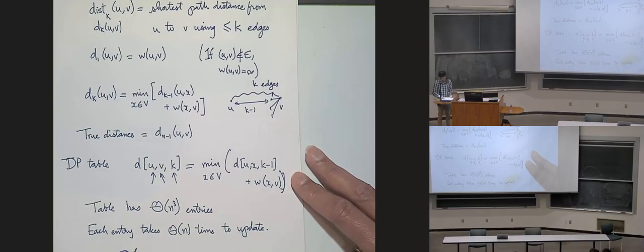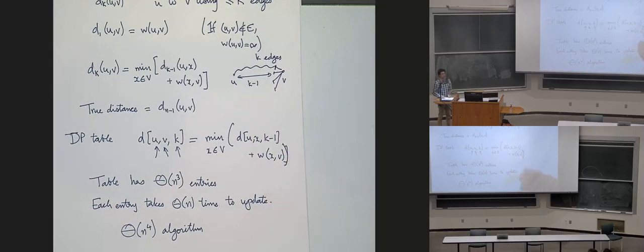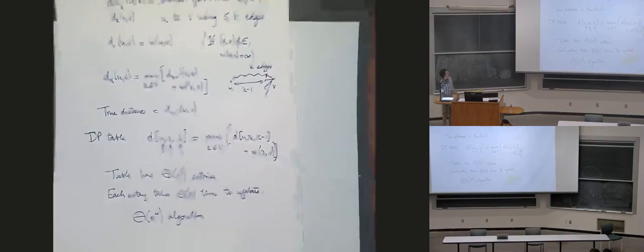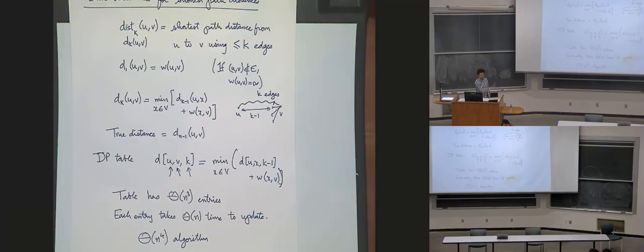So you get basically a theta of n to the fourth algorithm. So this is your basic, simplest dynamic programming formulation. It's no better than anything else, but it's actually really simple. The nice thing is that this is a really simple procedure now, and you get all pairs shortest paths.